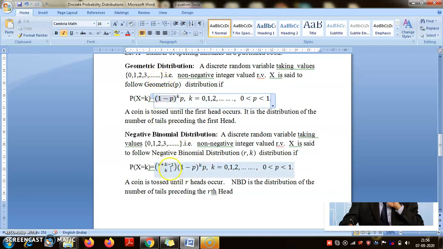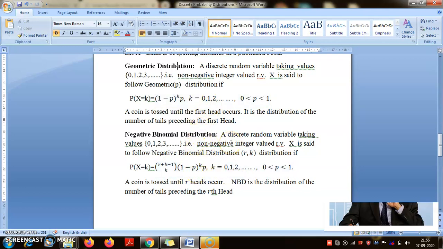So the negative binomial distribution is the generalization of the geometric distribution in the same way as the binomial distribution is a generalization of the Bernoulli distribution. This is the geometric distribution with parameter p, and this is the negative binomial distribution with parameters r and p. So negative binomial with parameters 1 and p is the geometric distribution.